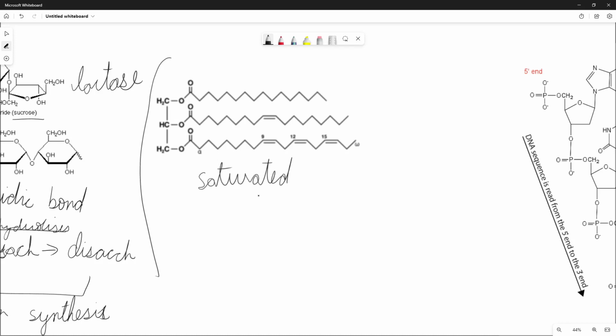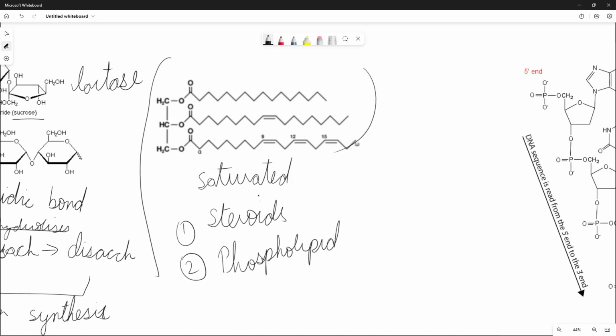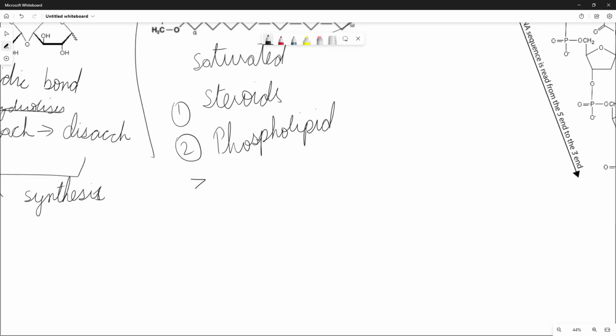There are also different types of lipids along with triglycerides, which are steroids, which are hormones, and the phospholipid bilayer, which is an important structure in cells, which regulates the inflow and outflow of a cell. And lastly, we have the triglycerides. Triglycerides are of 3 types.